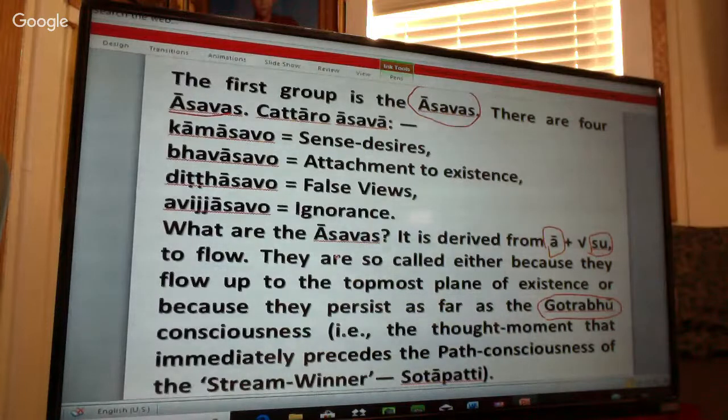Anyway, in the process of mind there are many different kinds of mind, finally the Gotrabhu consciousness. Before Gotrabhu consciousness, all kinds of mind are rooted in Kama asava, Bhava asava, Ditthi asava, and Avijja asava. That means they flow into that kind of consciousness before Gotrabhu, and that is the meaning of asava.